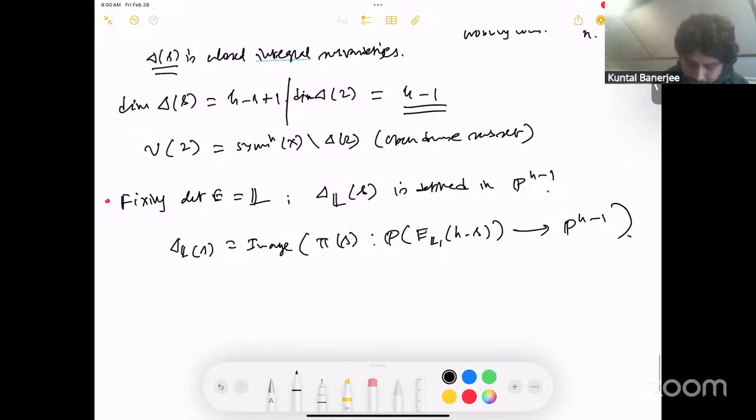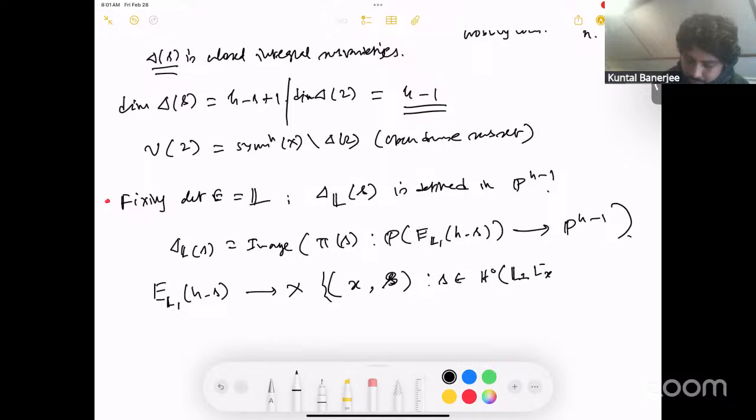So this E_L1 of h minus s is a bundle on X, whose fiber at each x is the sections S, make it big S, so that S is a section of some L1 times. Okay. If you ask me, then I will explain it in detail.